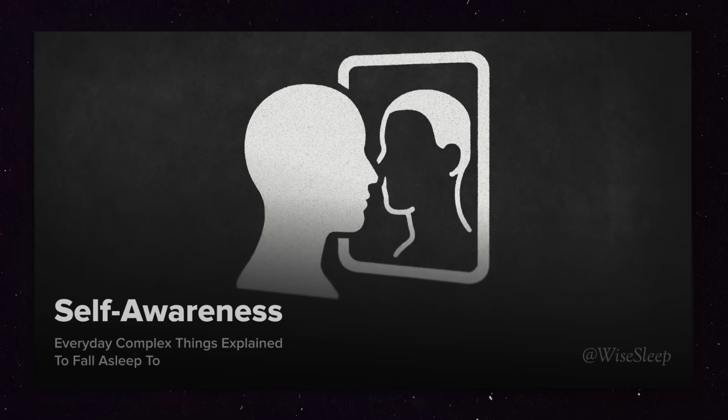This ability develops over time. Children gradually start recognizing themselves in mirrors and become more aware of their actions. Adults use self-awareness to navigate social situations, stay aligned with their values, or evaluate how they're doing at work or in relationships.